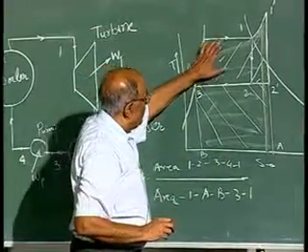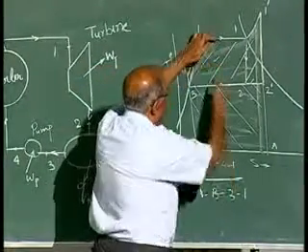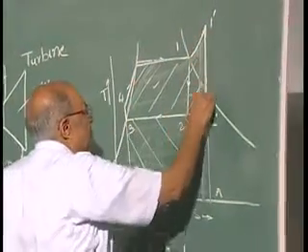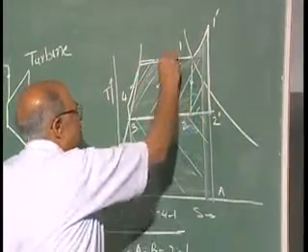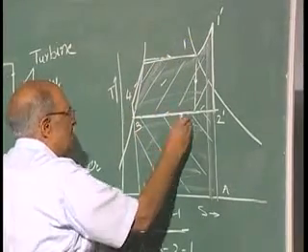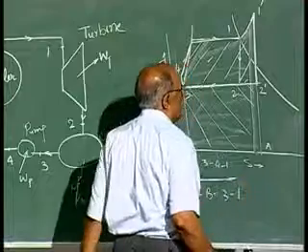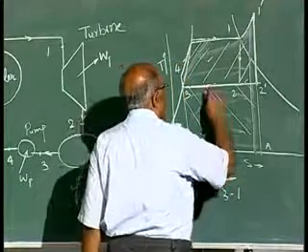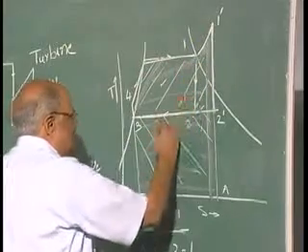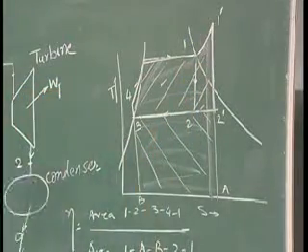And to make this area maximum, this area has to be maximized, and if this area has to be maximized, this line should be as high as possible, this line should be as low as possible, and the diagram should be as wide as possible. So, that the area of the work done by the cycle increases and the losses are minimized.